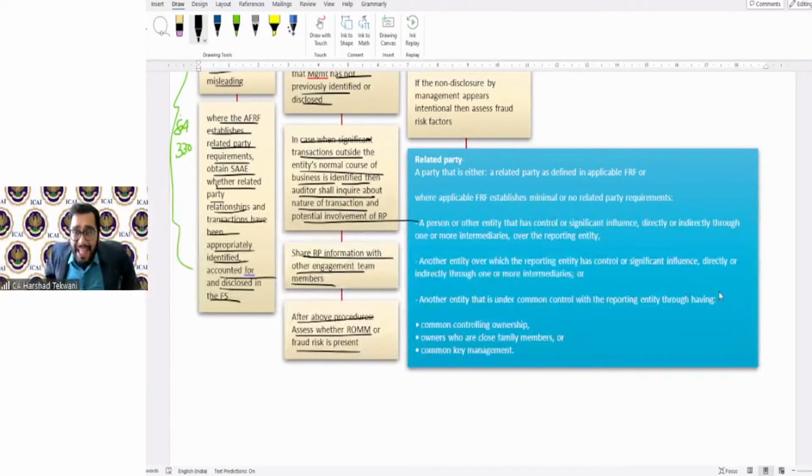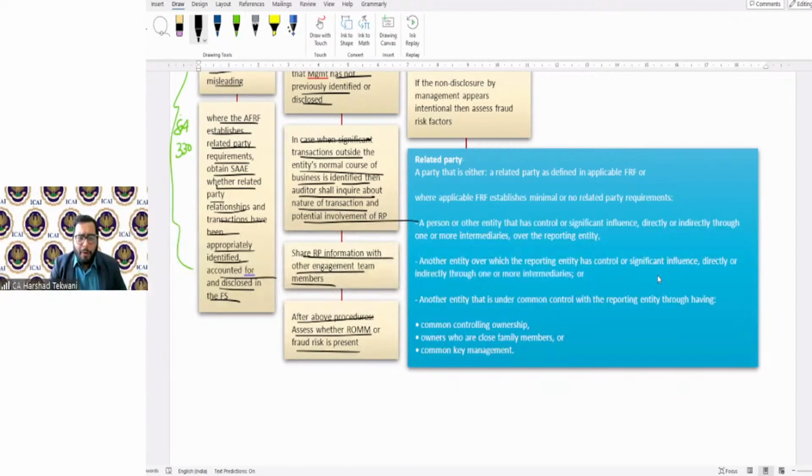However, if you still think that management is not providing access, then there are other alternate procedures that you can perform. But we cannot just go to management, for example, and say, give me all the minutes of the meetings and all the resolutions, and they gave me minutes of 4 meetings.